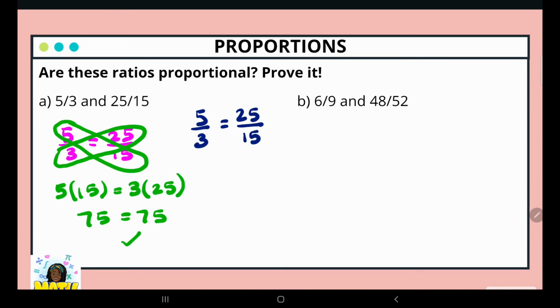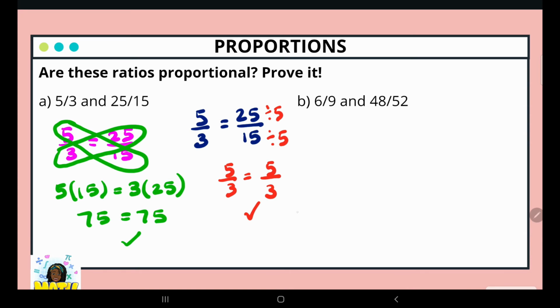Here it's clear that I can easily simplify 25 and 15 by using the number 5. So I can say 5 over 3 is equal to 25 divided by 5 is 5, 15 divided by 5 is 3.